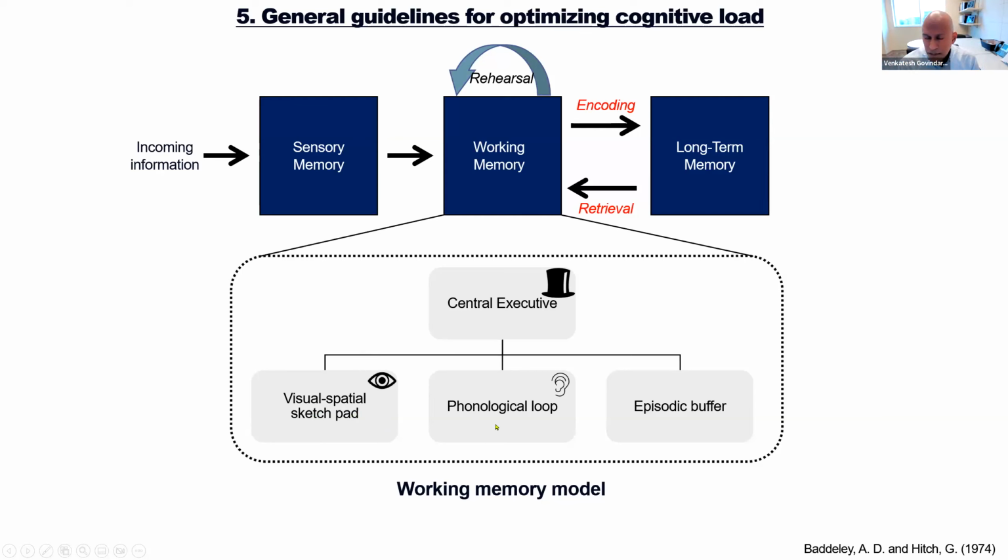Then the phonological loop. So this is very interesting, but it's also very complex. It is not only important for processing auditory information, but it also acts more like an echo chamber. So apparently we sound out things in our heads, and this is a loop that helps with that.